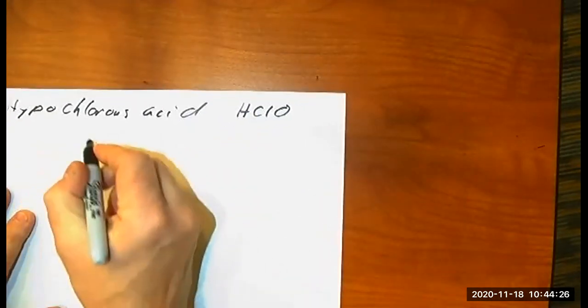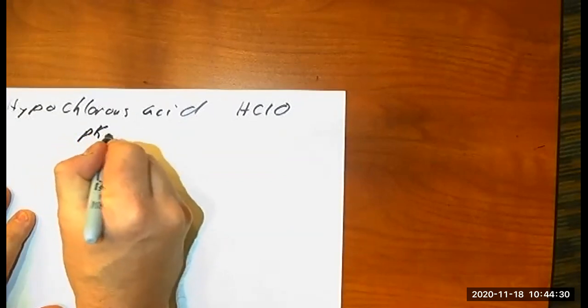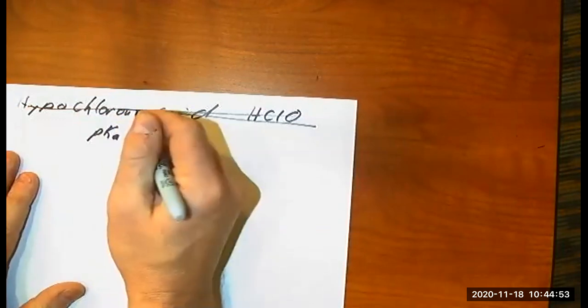Okay, and this has a pKa of... Why is it listing two different pKa's? That's weird. Okay, we'll take the 7 point... No, let's do a different one that has only a single one listed. We'll do citric acid.